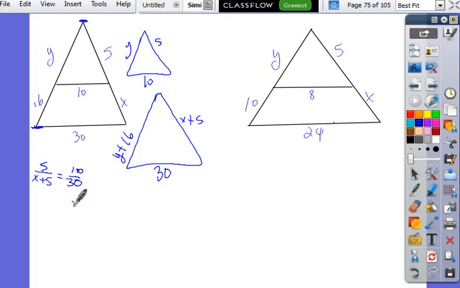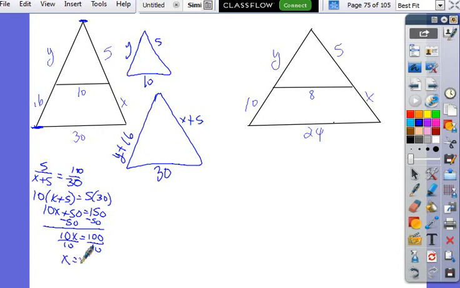And then the 10 over 30 because it gives me the numbers. So I would cross multiply there, 10 times x plus 5 equals 5 times 30. 10x plus 50 equals 150. So 10x equals 100, and x equals 10. Then I would have to solve for y.